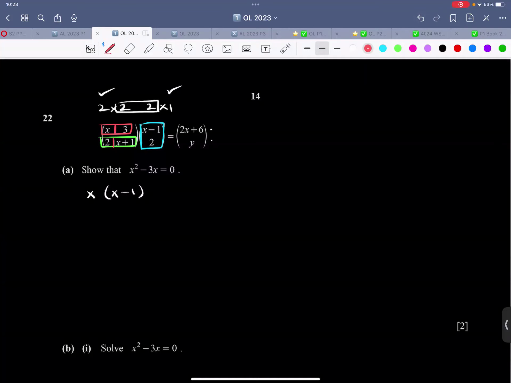So this is x into x minus 1, and this is 3 into 2. And this is 2 into x minus 1, and this is x plus 1 into 2.